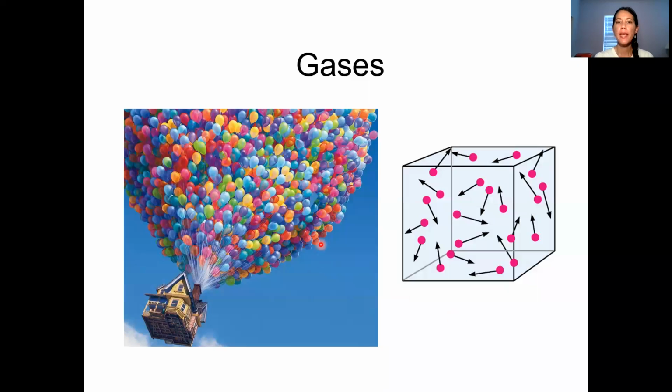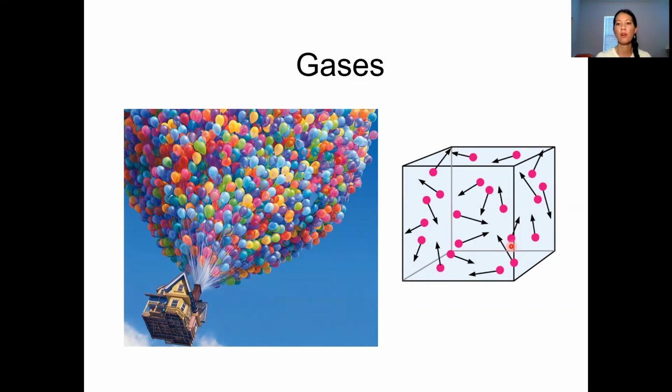Okay, so gases, they're made up of atoms or molecules that are going to bounce off each other or the walls and create a pressure in a box. So you can see that shown here, the atomic view. The motion is random. There is an assumption that there aren't intermolecular forces that are keeping them held together.